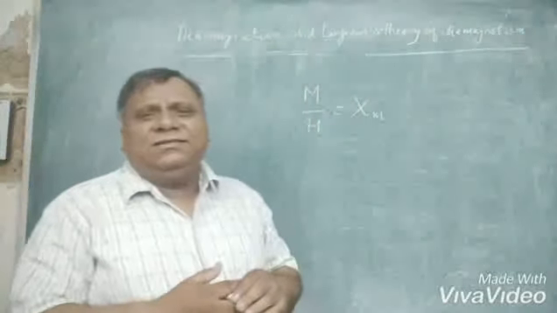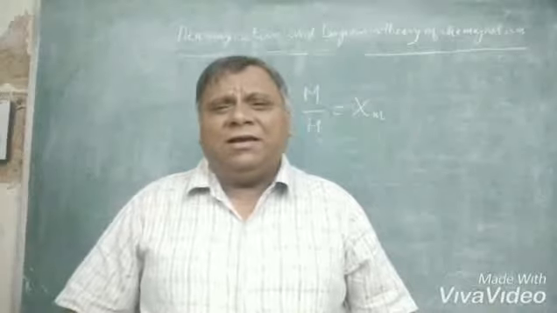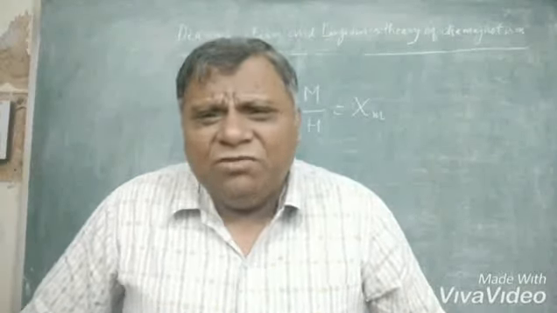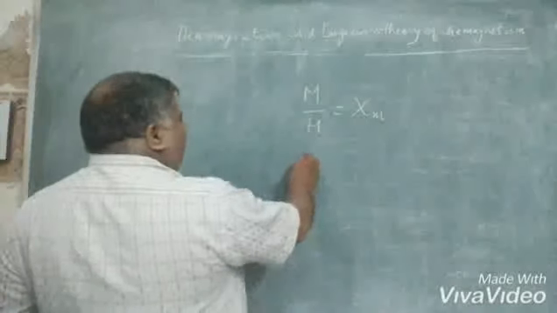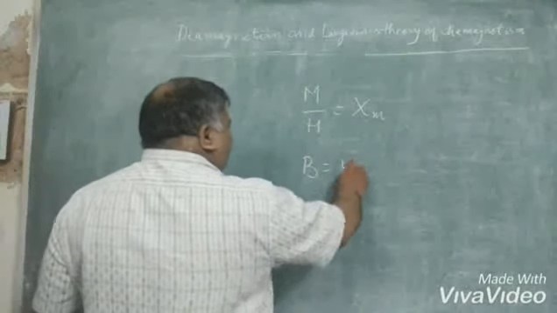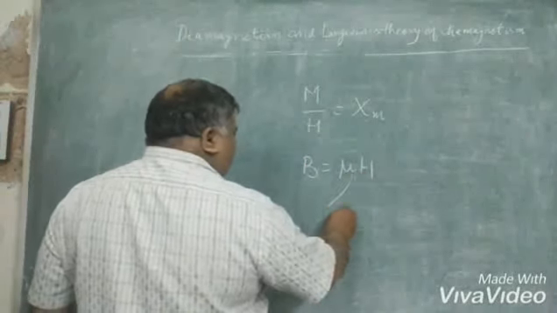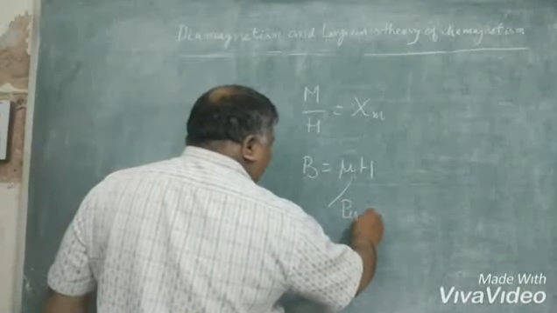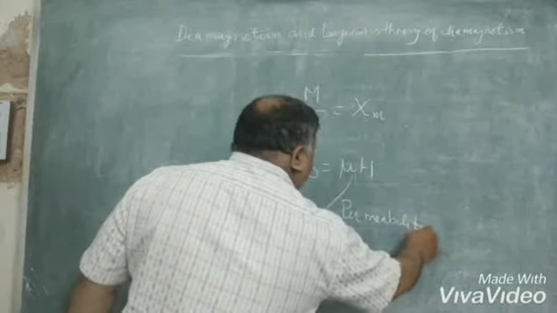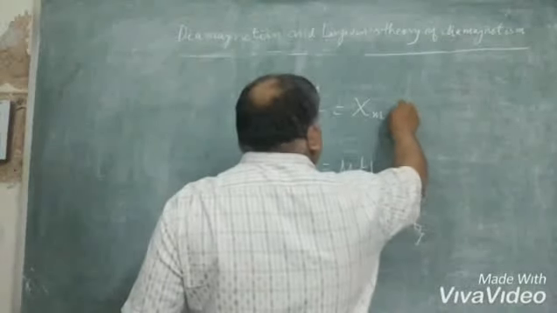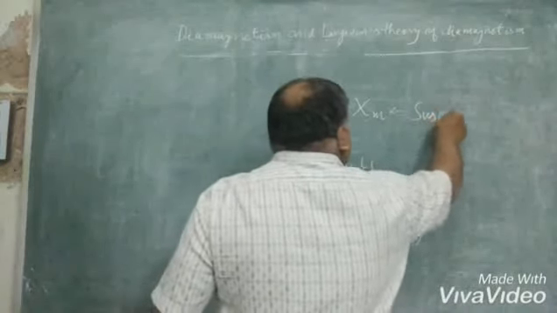Magnetization is defined as the magnetic moment per unit volume. So we have B equal to mu H. This quantity is called permeability, and the other is known as susceptibility.